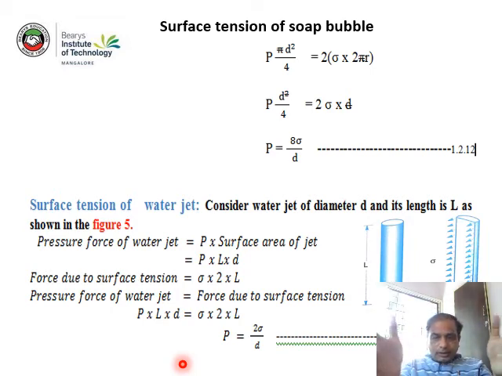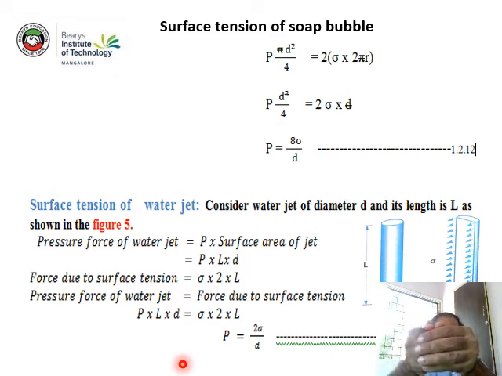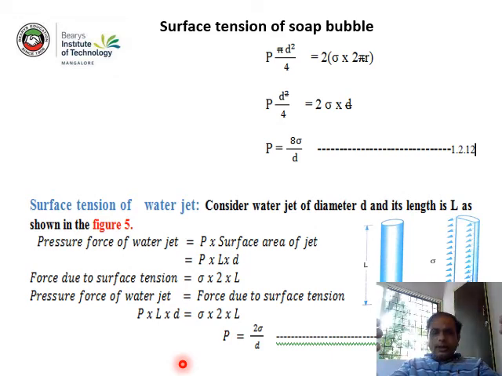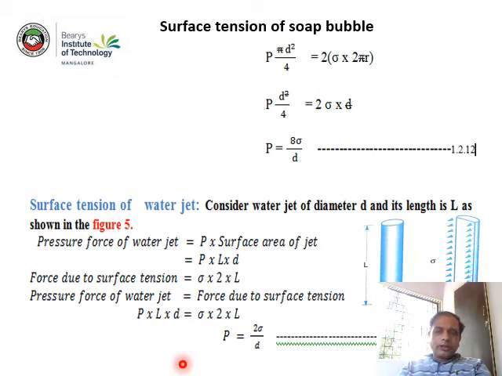If you press in the vertical direction, the surface tension is in the horizontal direction. That is why I have considered the surface tension along the L only. That is why total surface tension is equal to sigma into 2 times L.